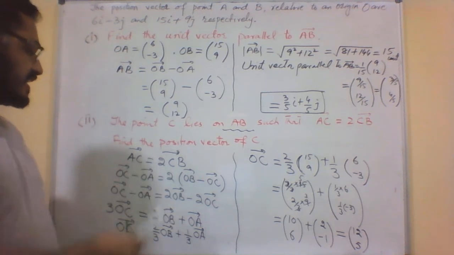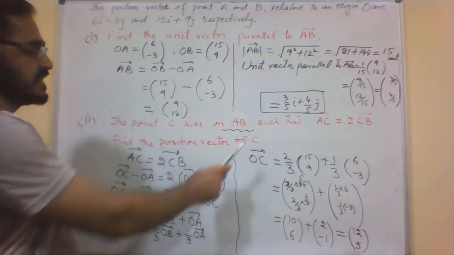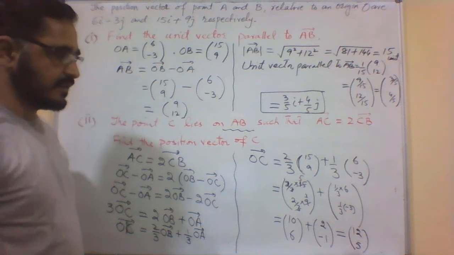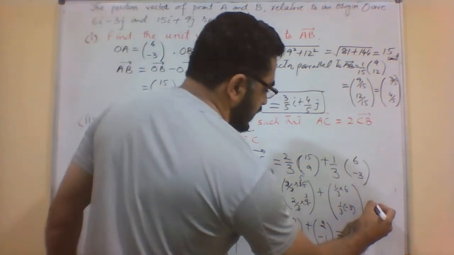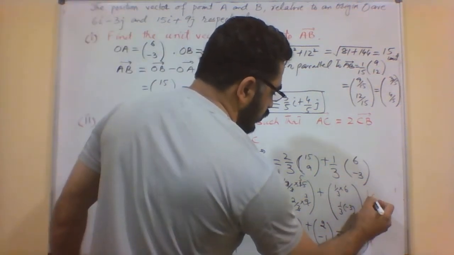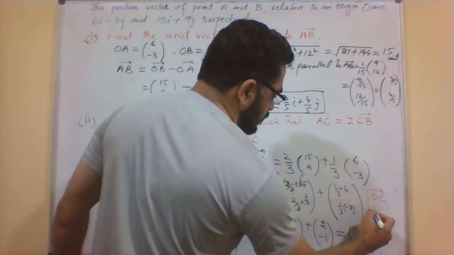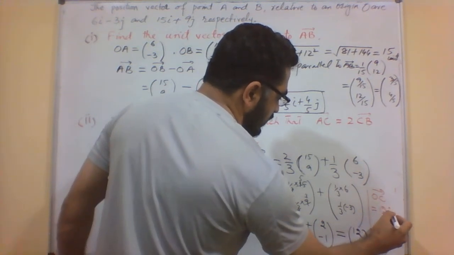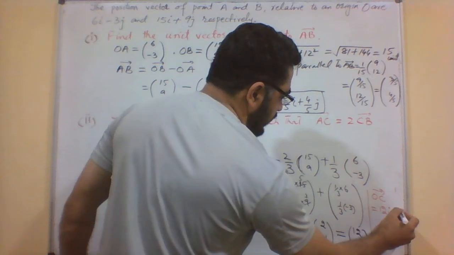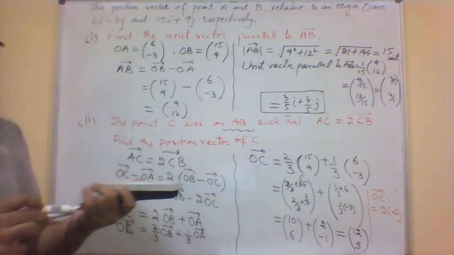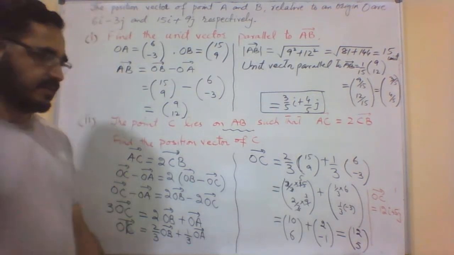The question asks for the position vector of C, that is OC, which is 12i plus 5j. This is the required answer.